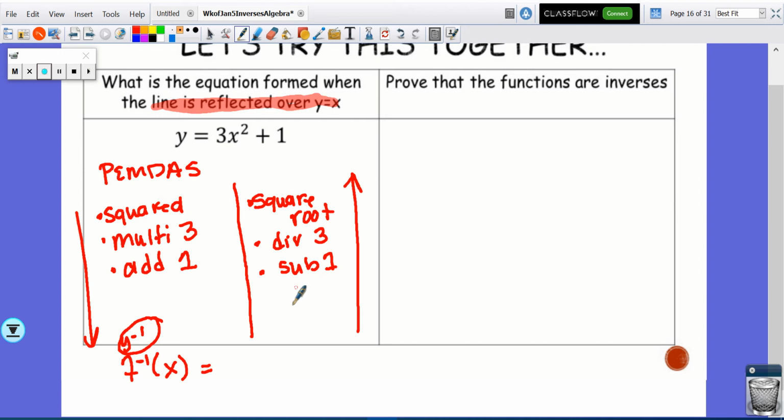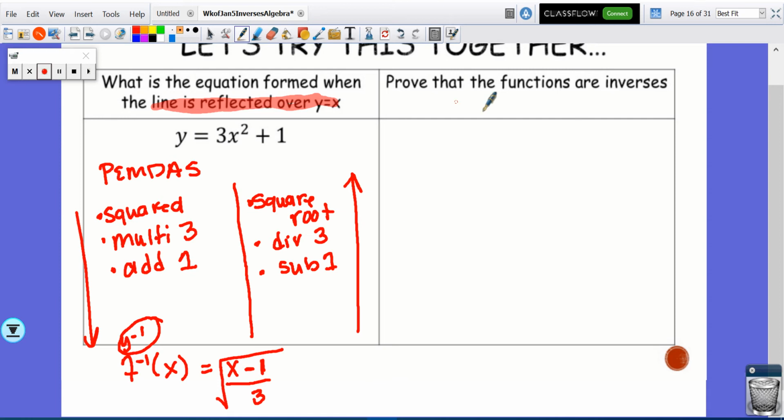So here, we're going to always write the x value. We're going to write x, and then from x, we're going to subtract 1. Then we're going to divide everything that we wrote by 3. And then we're going to take the square root of it all. Okay? And that would be our inverse.